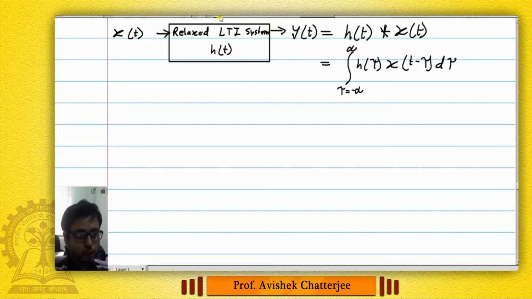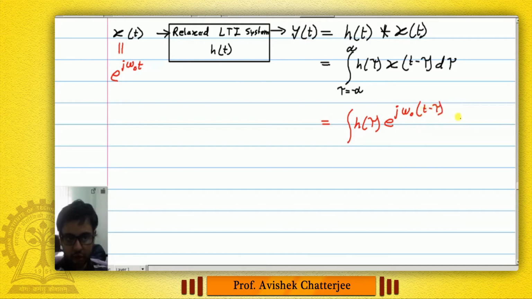Now if I choose my input to be of the form e to the power j omega naught t for any value of omega naught, then the output will be the integration of h(tau) times e to the power j omega naught (t minus tau) d tau, tau from minus to plus infinity.